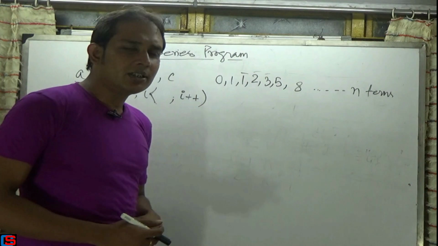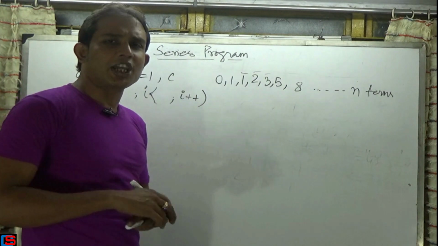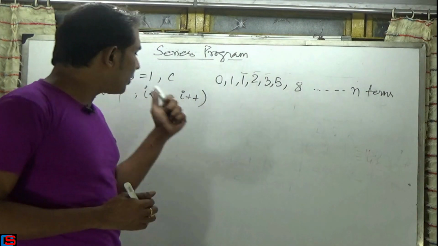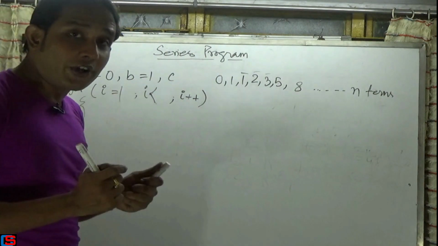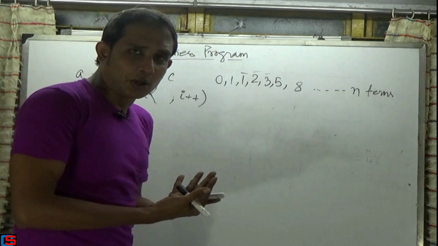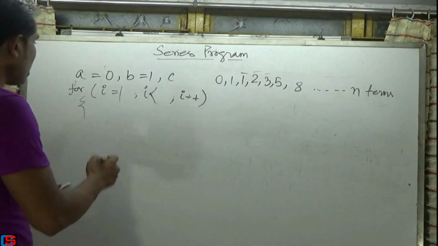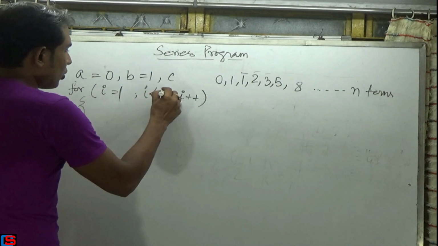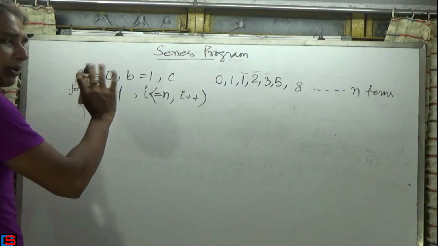Now the second method is not hugely different from the first method. If you are not interested in printing the values of a and b before starting the loop, then the loop will start from 1 and execute up to n terms, not n minus 2 terms.